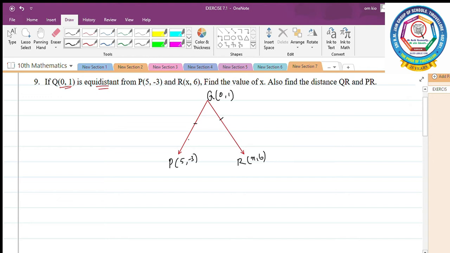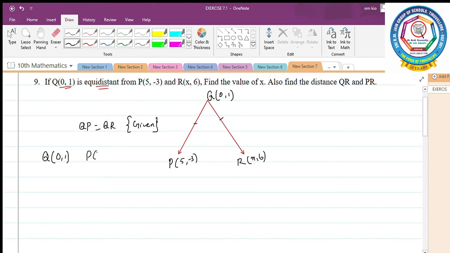Equidistant. Equidistance means the distance between PQ is equal to QR. So QP equal to QR. It is given. So first I have to find the distance between PQ and the distance between QR. What is the Q coordinate? Q of 0, 1.